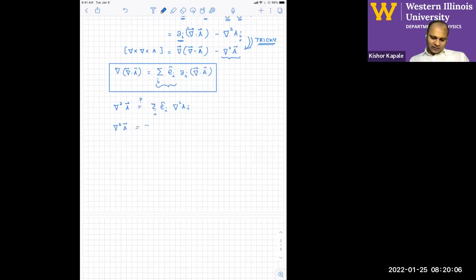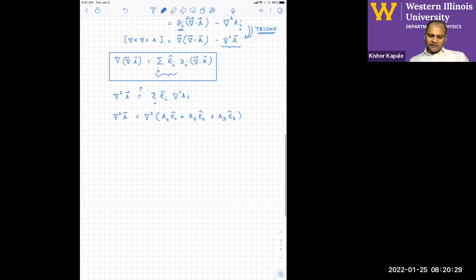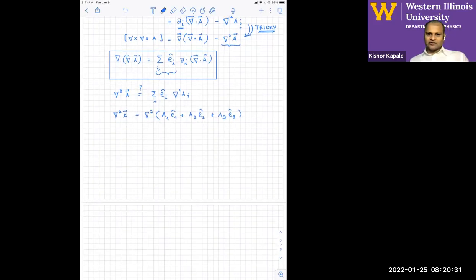Let's expand it out. Del squared, and then we say E1. E1 here, I'm veering away a little bit from the textbook notation just because of the other argument that I made. I can combine the two arguments there. Okay, so is everybody with me so far? That's what this del square applied to vector A means, right?